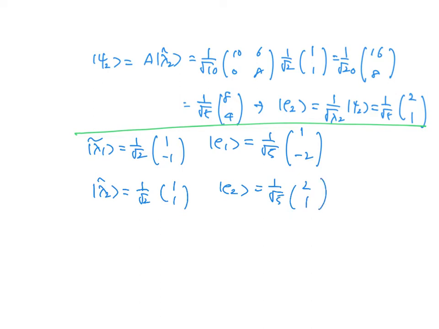So we define U as E1 lambda 1 plus E2 lambda 2, right?